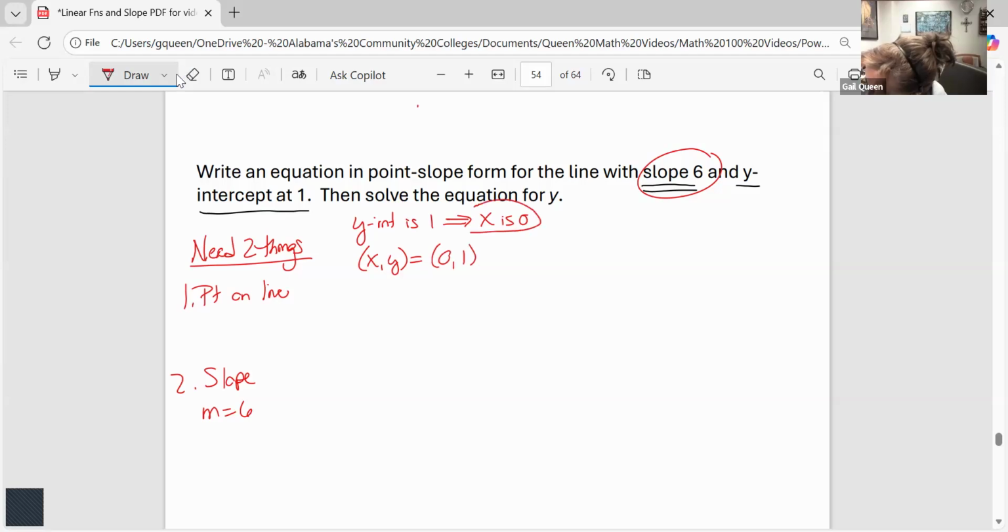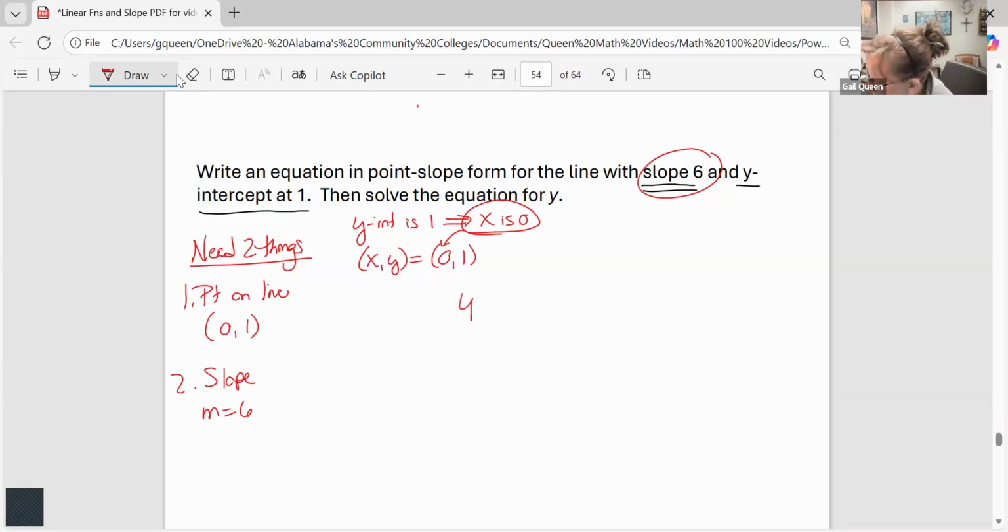We know that x has to be 0 because they're giving us the y-intercept. Do you get it? All right, so this is sort of a second layer of thinking. You've got to be careful to put that 0 in the right place. The y-intercept, if you're touching the y-axis, x has to be 0. So now I've got my point on my line, (0, 1), and my slope.